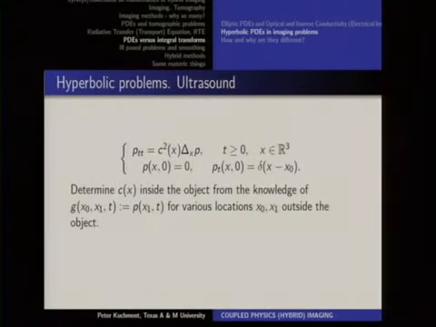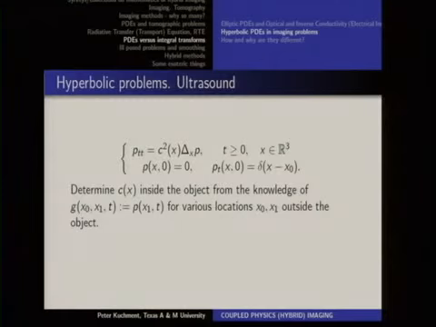In ultrasound, that's a model of ultrasound. So you have again a pressure wave. What you do is place your source at a certain point x naught outside of the body. You create a source there. Then it creates a pressure wave, and you measure the response at some other point, x1.